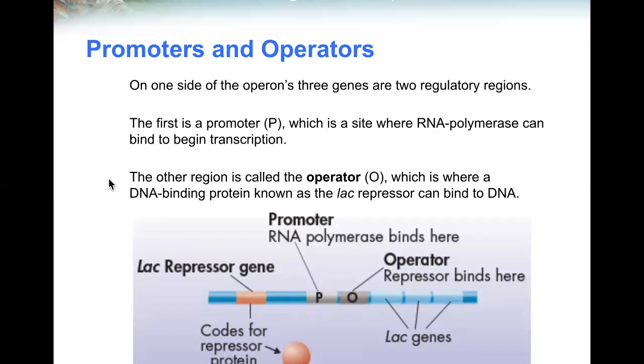The other region is called the operator, O, which is where a DNA binding protein known as the lac repressor can bind to DNA. Promoter: RNA polymerase binds here. Operator: repressor binds here. And here are the lac genes. Here's the lac repressor gene, which codes for the repressor protein.